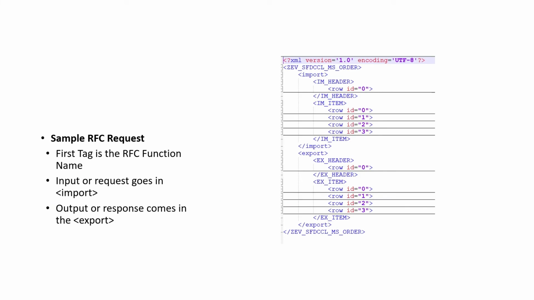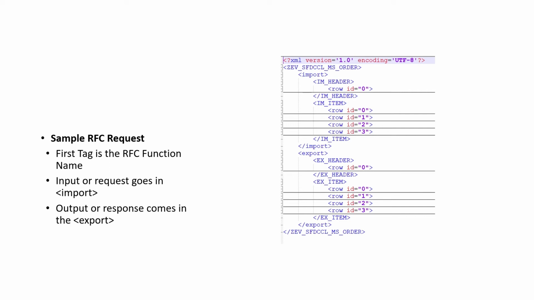On this page, we see a sample RFC request. The first tag is the function name. Then we have broadly two sections, import and export. If we are listening to a BAPI function, the request parameters will come in import. And if we are sending a request to a synchronous RFC function, we will transform the parameters in the import section.